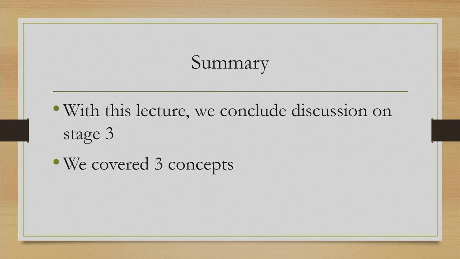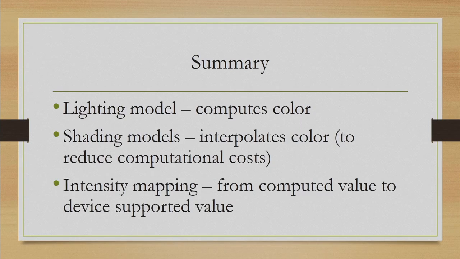So, in summary, let us quickly recap what we have learned so far. With this lecture we conclude our discussion on stage 3 of the pipeline, that is coloring, and we covered 3 broad concepts: the lighting model, to compute color; the shading model, to interpolate colors, which reduces computation; and the intensity mapping, to map between the computed intensity and the device supported intensity.